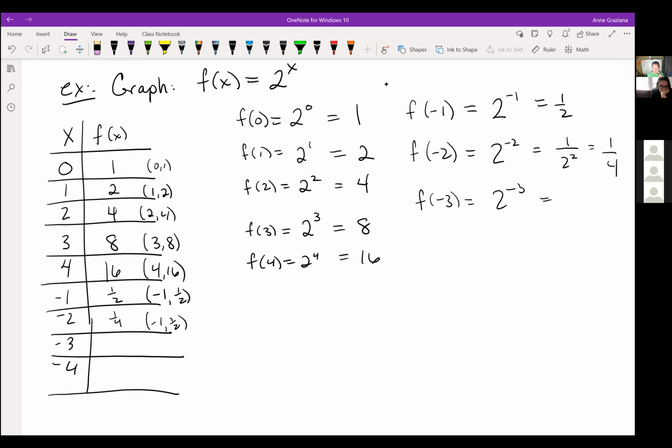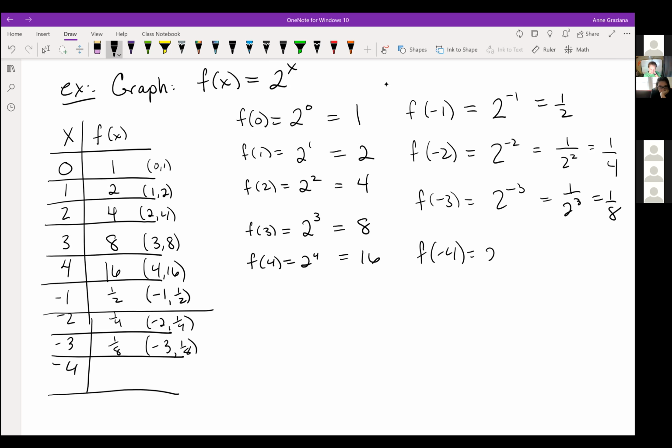Okay, so you actually think 1/2 cubed, which is 1/8, that's your process? Yeah. Oh, okay. All right, good. Oh, whoops, I wrote the wrong thing down here. I really wrote the wrong thing down here. My mind must have wandered. -2, 1/4. This is 1/8. All right, what about f of -4? 1/2 to the 4th, which is 1/16.